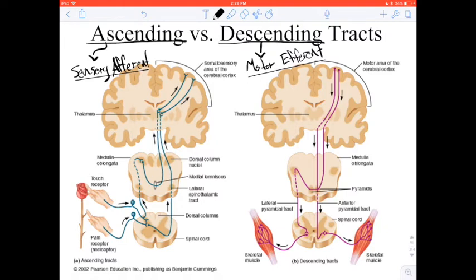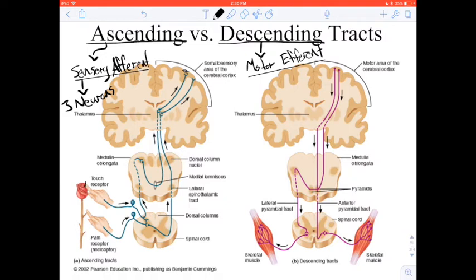A couple things that will help us out: if we always remember these ascending tracts will always take 3 neurons. That's all it takes to get from touching to perception. I shouldn't say perception, because there's some integration, but that's all it takes, 3 neurons to get from touching to the somatosensory cortex.